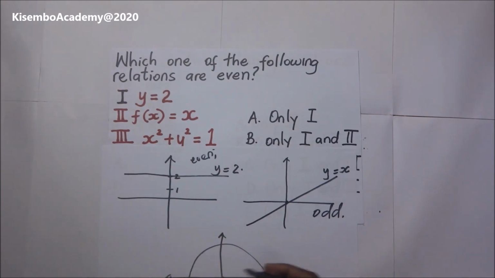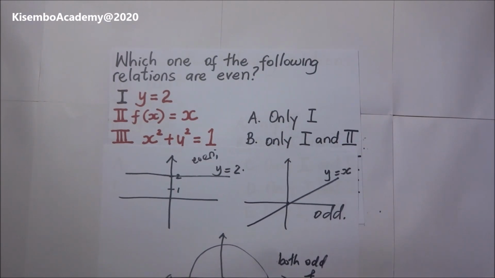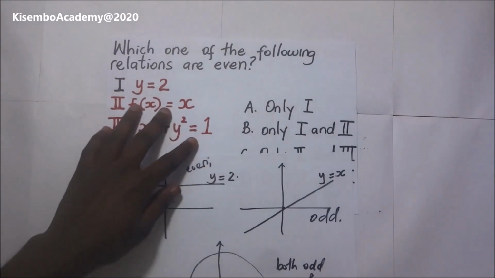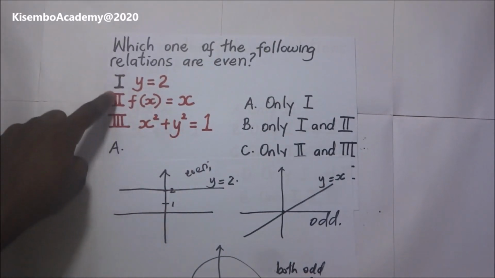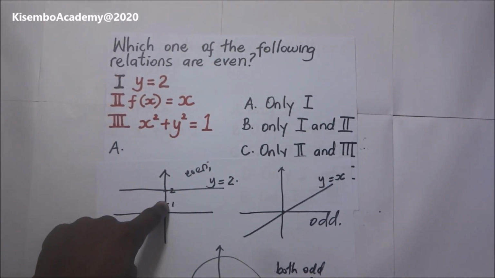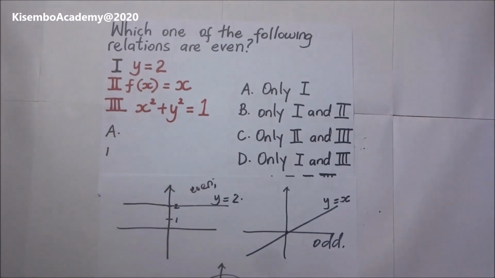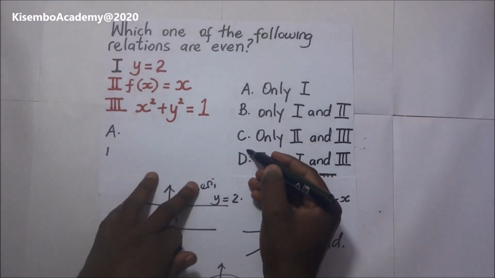So this function is both odd and even. Getting back to the question, they're asking which of the following relations are even. The ones that are even are this one and that one. So the answer there is 1 and 3. Our answer there is D.